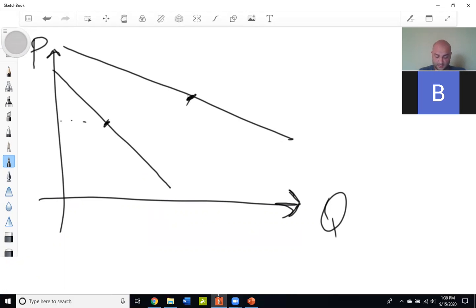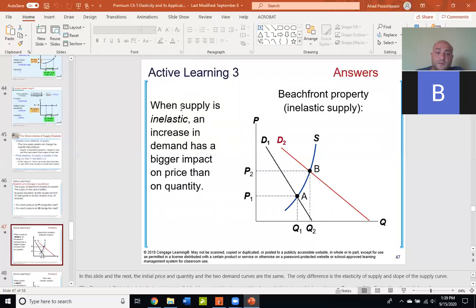Our supply is constant, so our demand doubled. Now, in this case, when it comes to beachfront property, when supply is inelastic as it is for beachfront property, an increase in demand would change prices more, has a bigger impact on prices than on quantity.